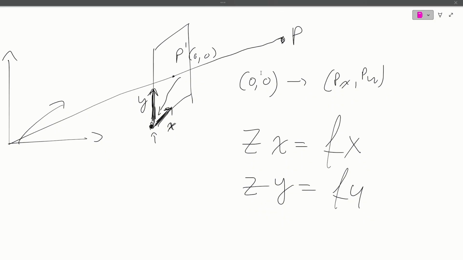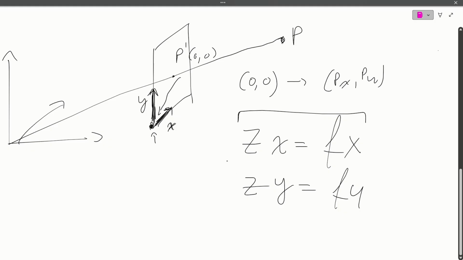Sorry, I made a small mistake. I was saying that we want to change the coordinates in this way.